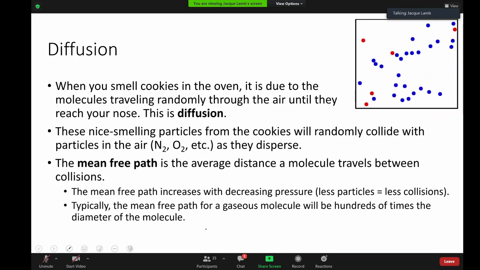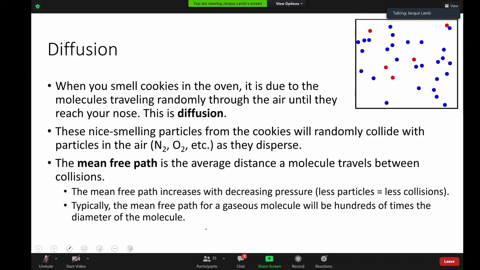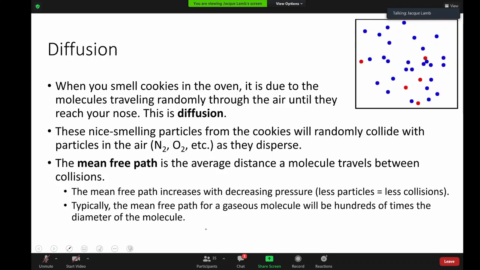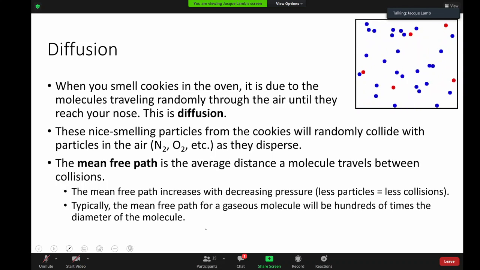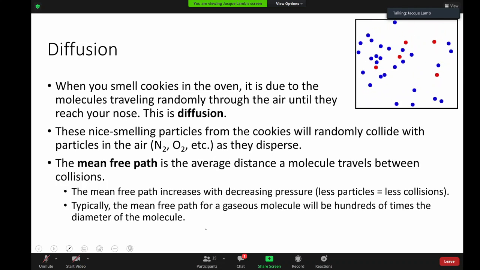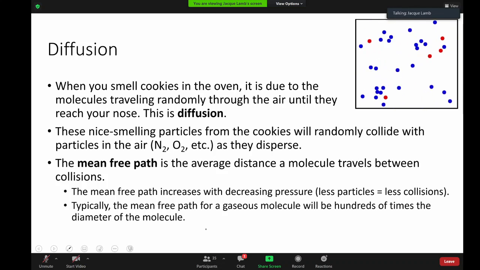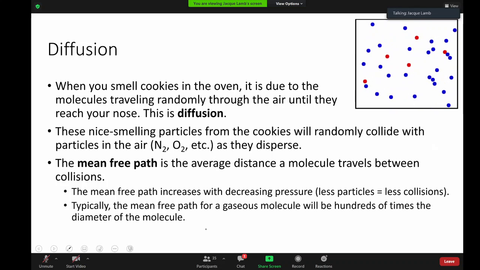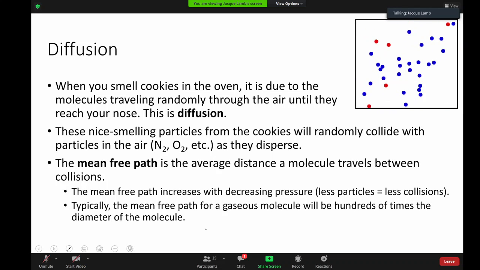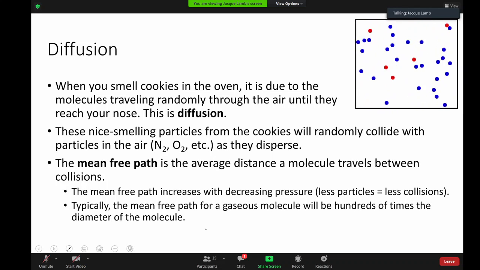So the fewer the molecules that are present in the air, the farther a molecule can travel before it bumps into something. Typically, the mean free path for any gaseous molecule will be hundreds of times the diameter of the molecule itself. That's because the molecules tend to be pretty small.